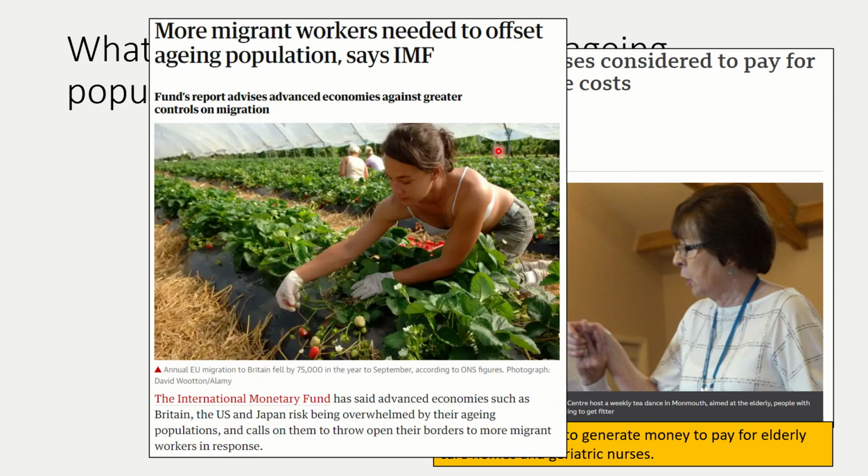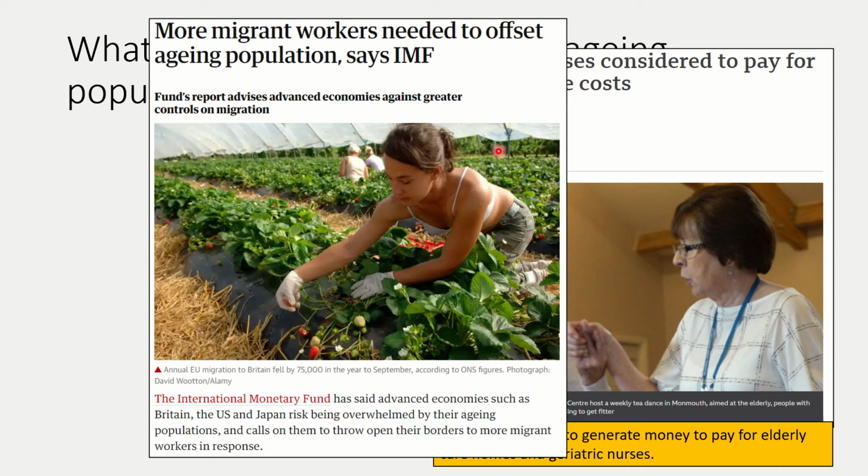Because we've got more elderly people in the population and fewer working-aged population, this means that often a country needs to attract more migrant workers. If you've done the population unit, you'll know that migrant workers are essential to the economies of many developed countries, and it's very much the case that we need to attract them to us.